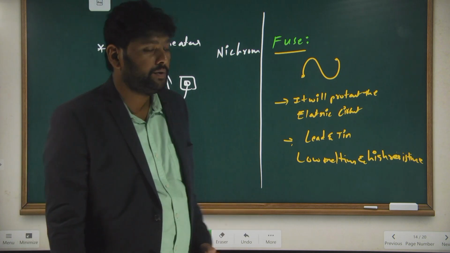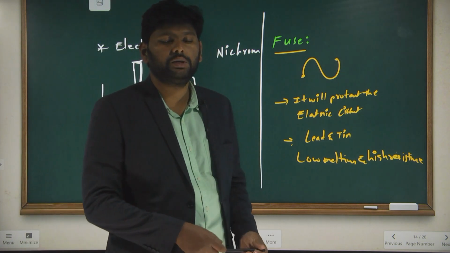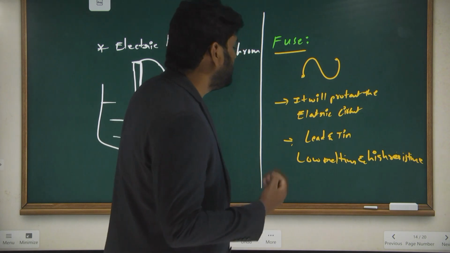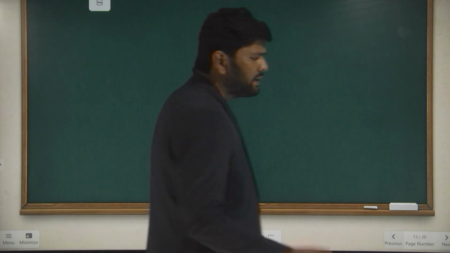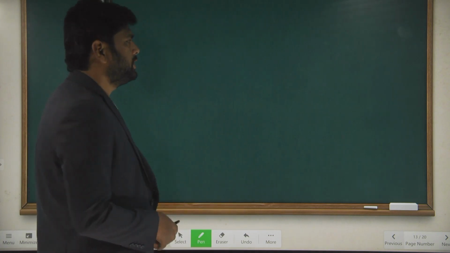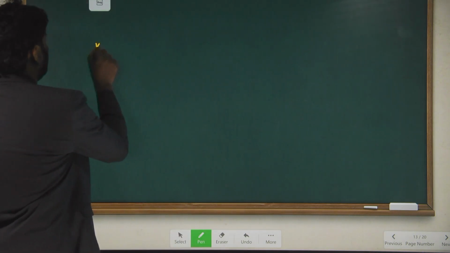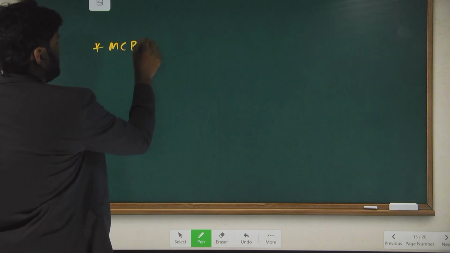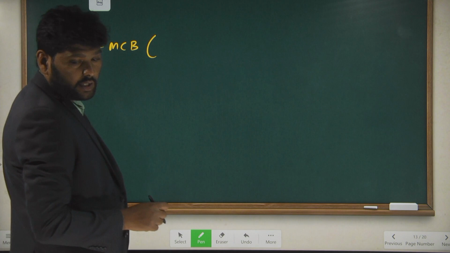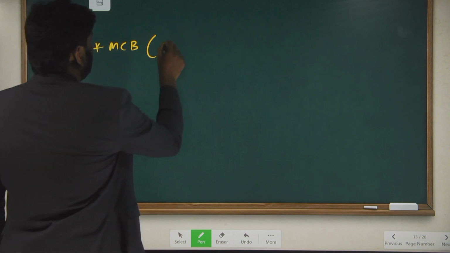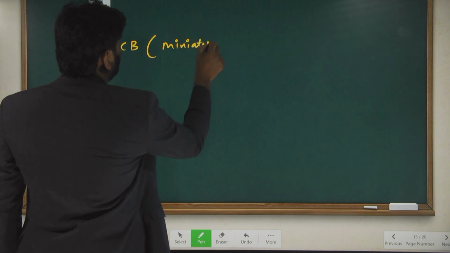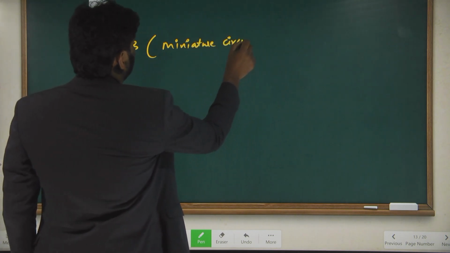But nowadays we are not using fuses. Instead of a fuse, we are using another kind of instrument called an MCB. What is this MCB? MCB means miniature circuit breaker.